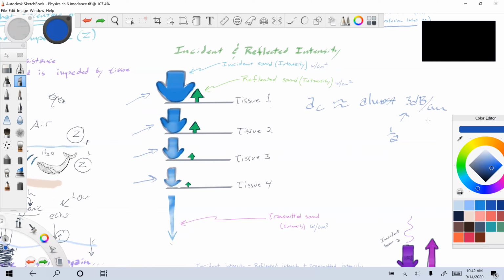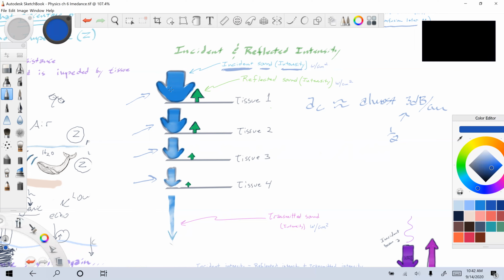Anyway, so this indicates here that we have a certain intensity. The incident sound intensity in watts per centimeter squared is whatever it is. Let's just, for the heck of it, throw some easy numbers in here.